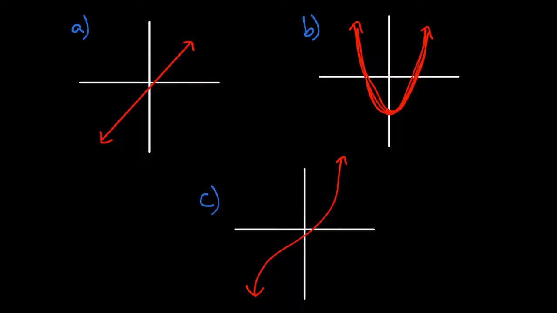The last thing we're going to look at in section 4 is the horizontal line test. You might remember, I think chapter 1 or chapter 2, we talked about something called the vertical line test. The vertical line test is used to test whether the graph is a function. Because remember, for a function, for each input, you can only have one output. So let's look at A right here.